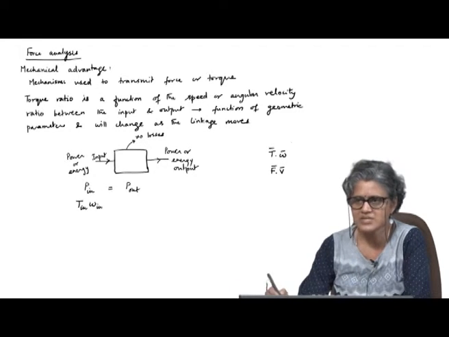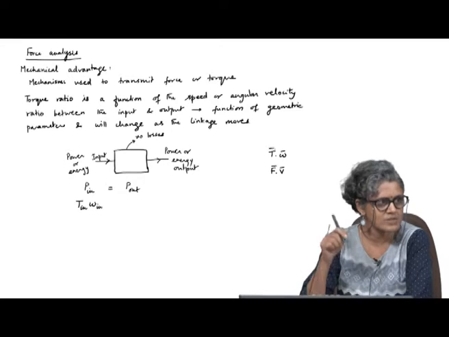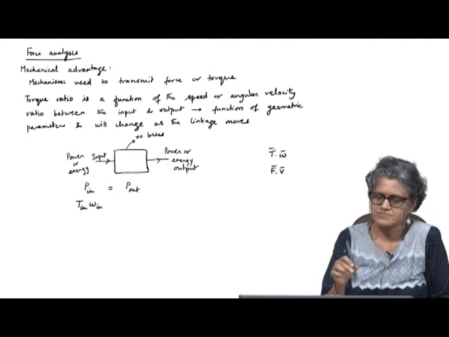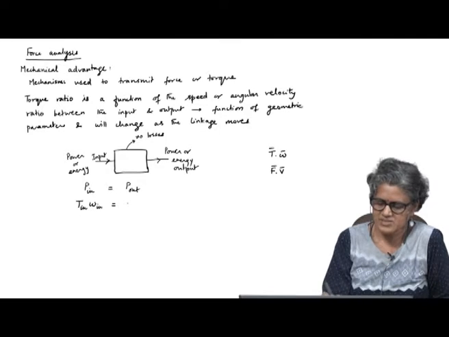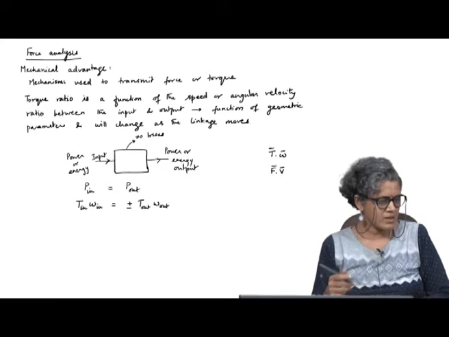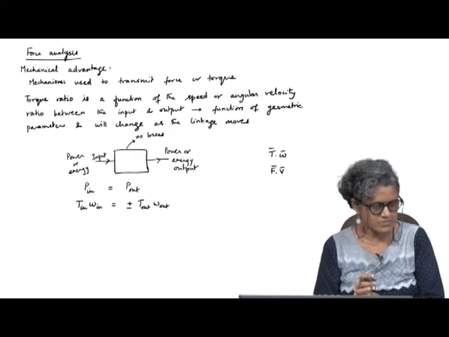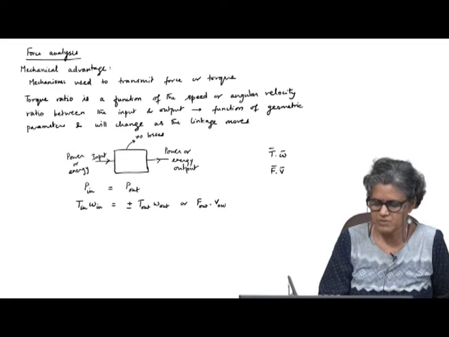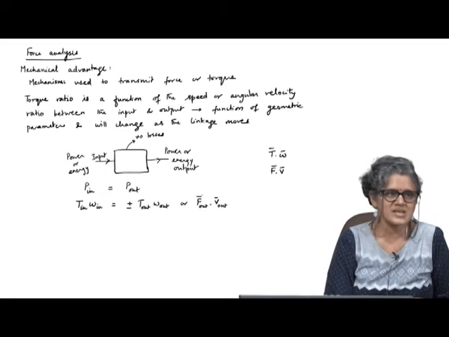In the planar case, both T and omega will be about the same axis. So, you can write this as equal to plus or minus T out omega out, or you could also have F out dot V out, if it is a slider crank, for example.